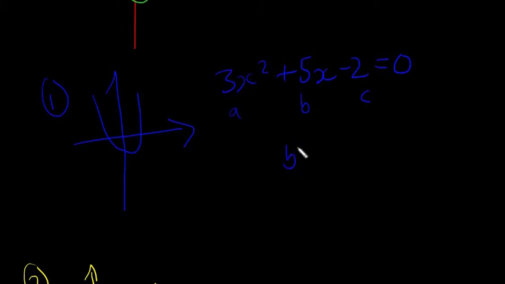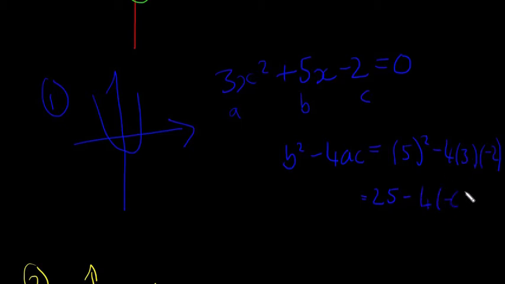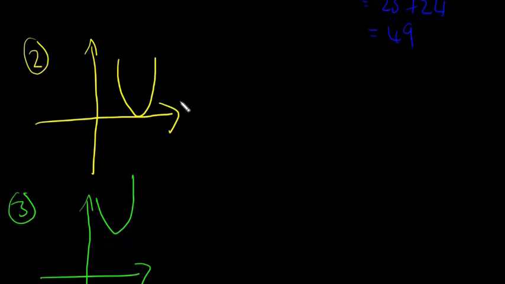So b squared minus 4ac is equal to 5 squared minus 4 by 3 by minus 2, which gives us 25 minus 4 by minus 6, which is 25 plus 24, which gives us 49.